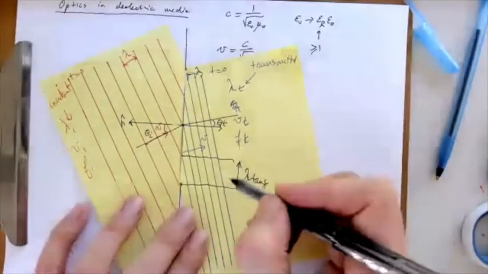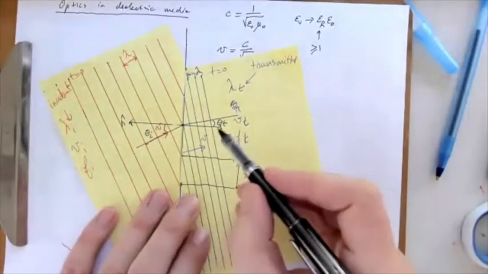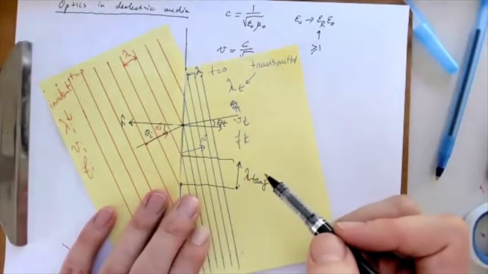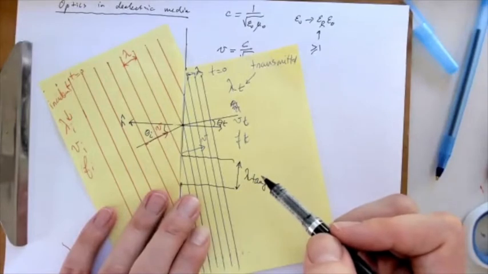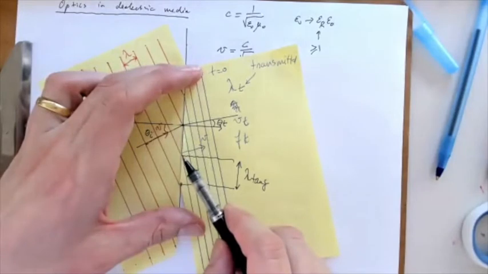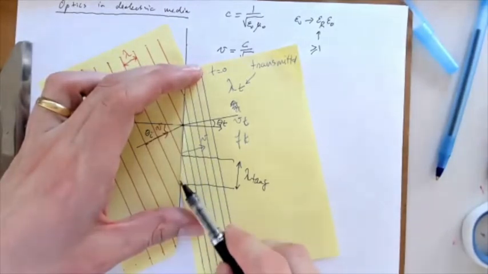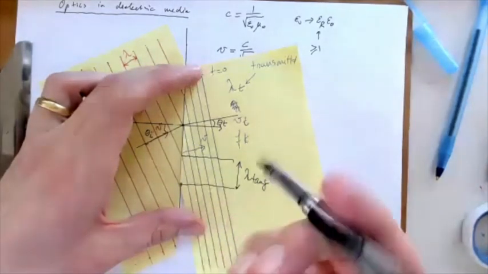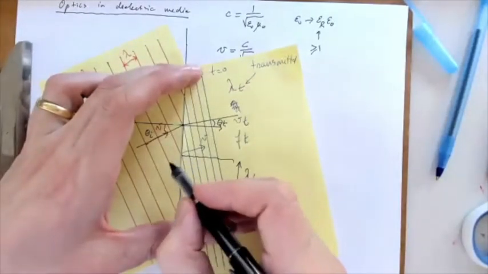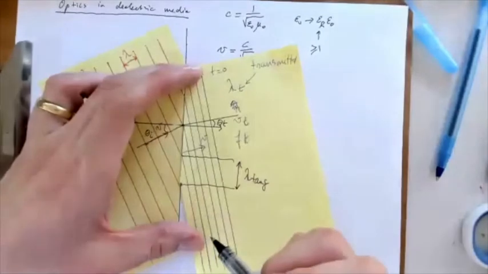Then there is a relation between lambda tangential and theta and the speed. So let's see what that looks like. We have this lambda, we've got this angle, and we have the original lambda, which is like this.